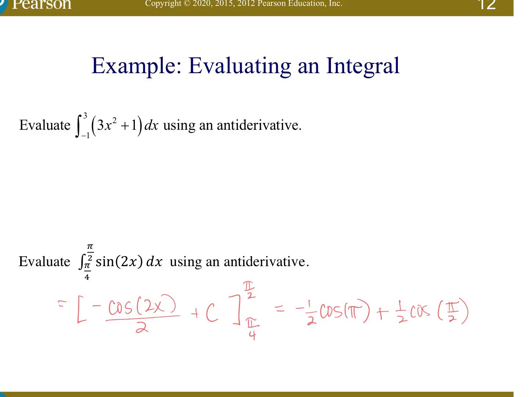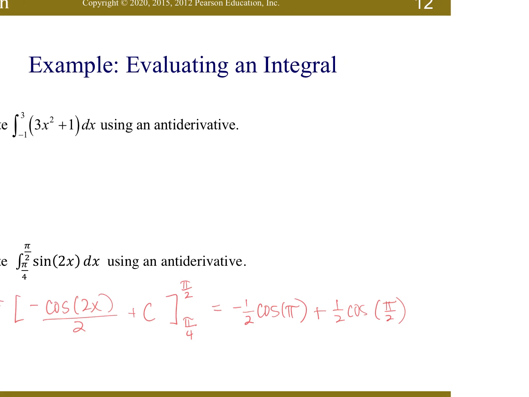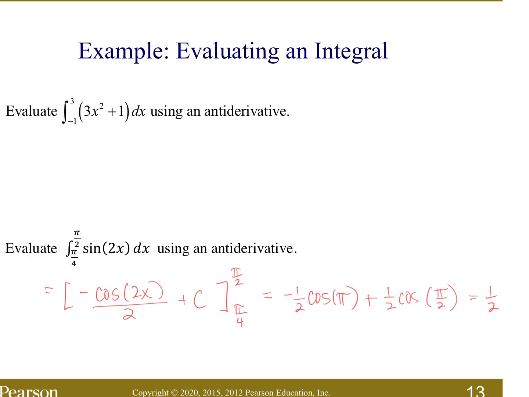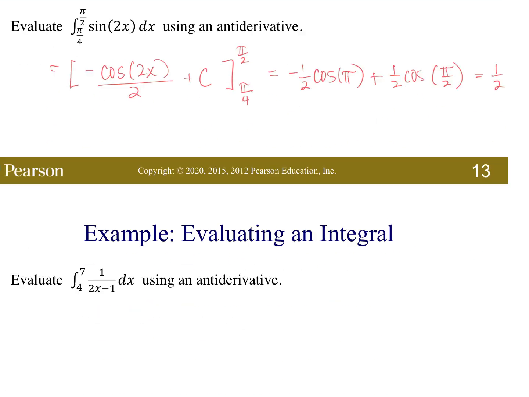The cosine of pi is -1. The cosine of pi halves is 0. And so the answer to this is positive 1/2, which again represents the area bounded under this sine curve between the bounds of pi fourths and pi halves.